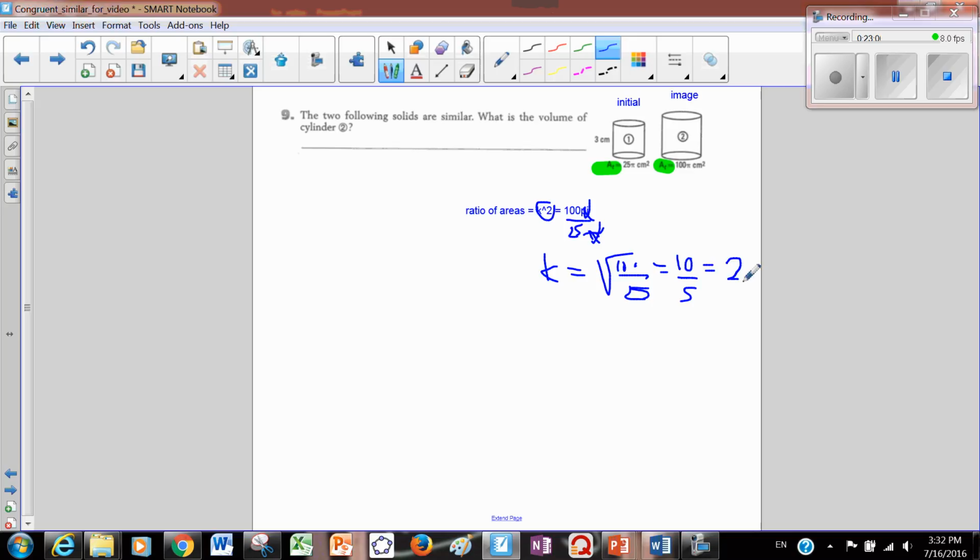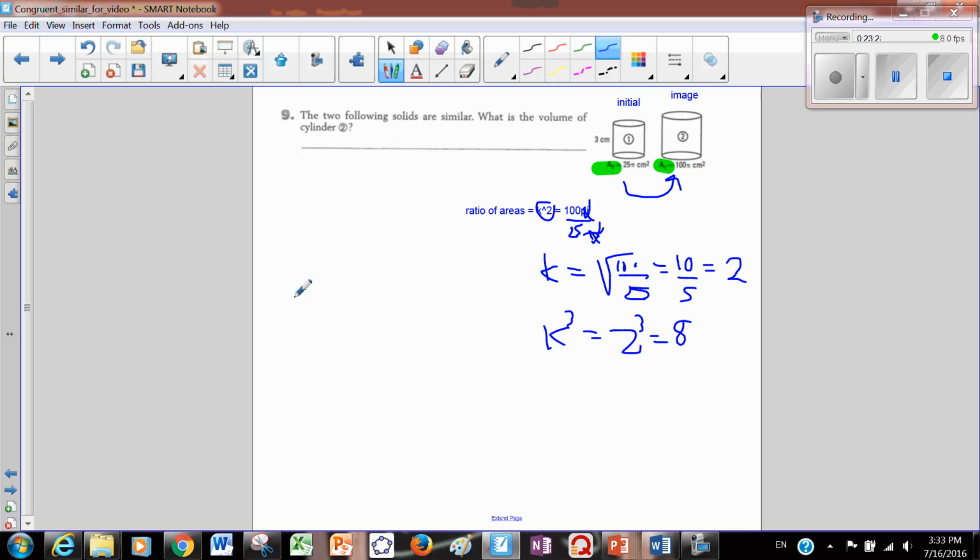So 10 over 5 is 2. So my K is 2. If you want the ratio of volume, you do K cubed, 2 exponent 3, that's 8. That means if I find the volume of the first one, to go to the other one I need to multiply by 8.